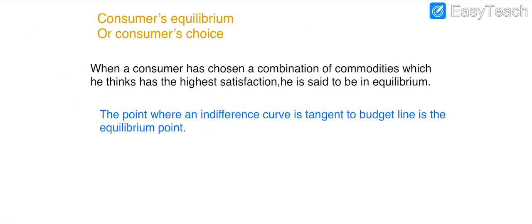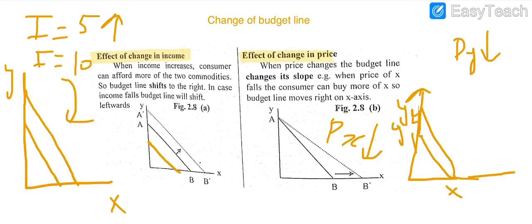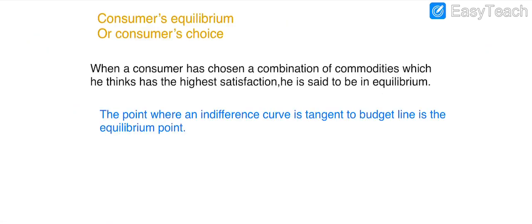Now, in the case of consumer equilibrium, let's see when and how the consumer will obtain equilibrium. Actually, the consumer chooses the combination which he thinks provides him the highest level of satisfaction.